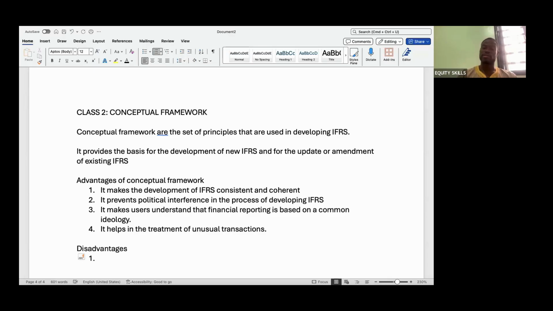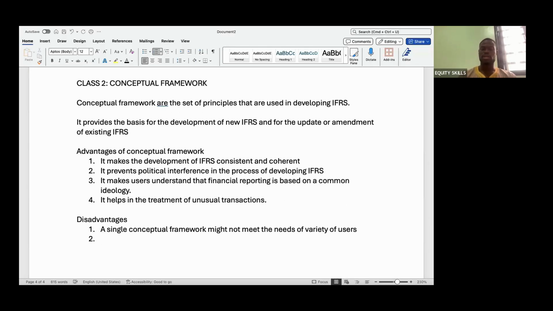Number one is that a single conceptual framework might not meet the needs of a variety of users, because there are many users. So a single conceptual framework might not be able to meet their needs, right?